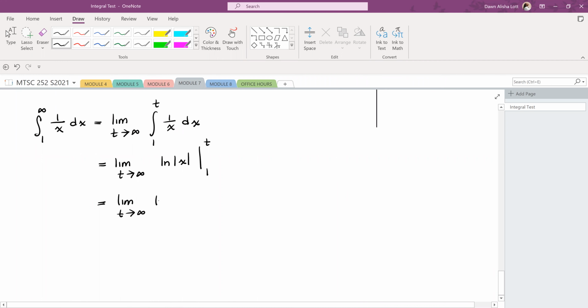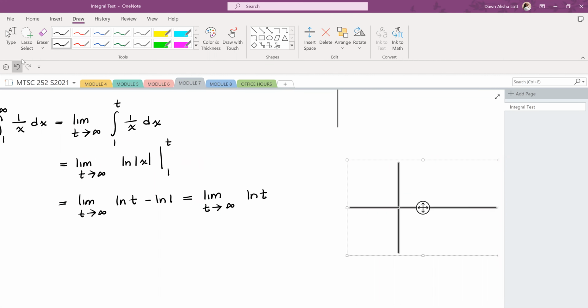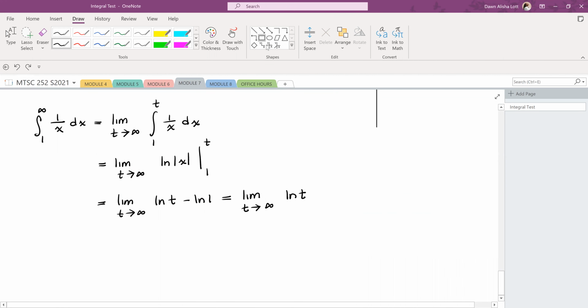So I'm going to get the natural log of t minus the natural log of 1, which is the limit as t approaches infinity of the natural log of t. And the natural log function, we also know what that looks like. The natural log function increases forever.